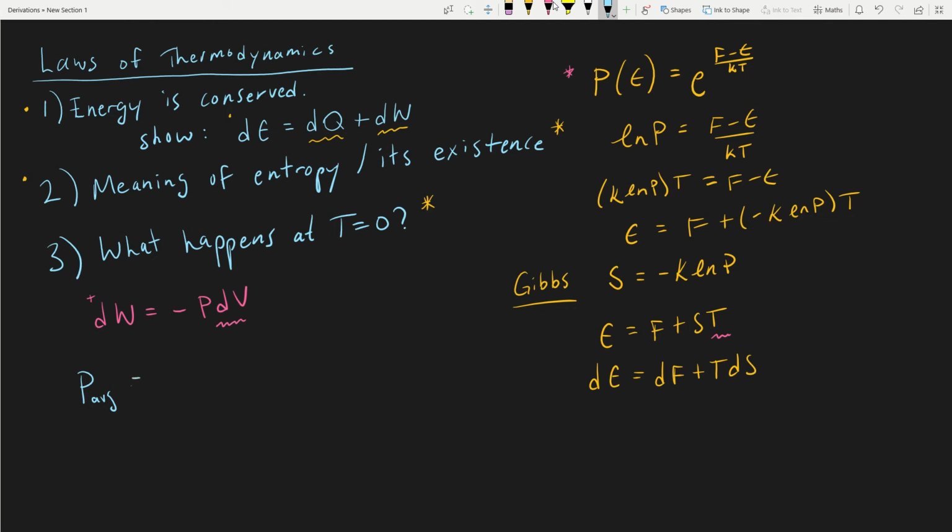The average pressure is going to be defined to be the partial derivative of the free energy with respect to volume. Like I said, this is a bit of a given, and maybe I should write this P as well because this is also average pressure, dV.